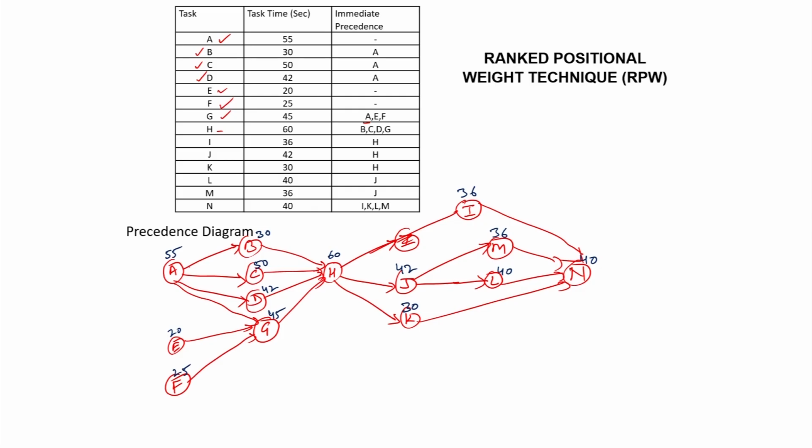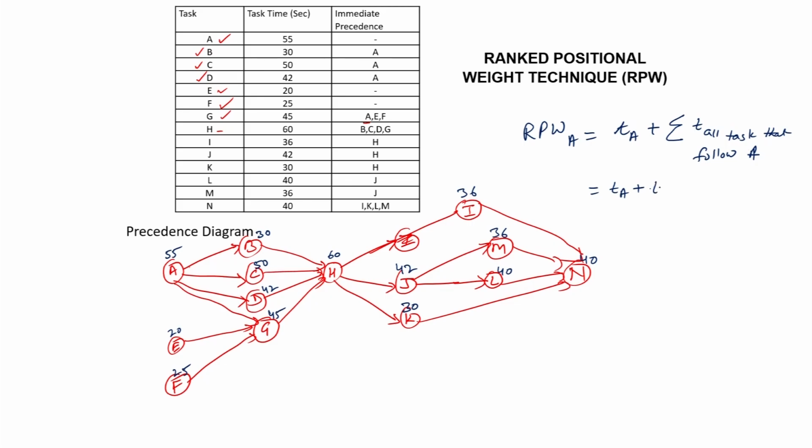The formula for ranked positional weight is: RPW of element A is equal to time of element A plus summation of the timings of all the tasks that follow A. So, I have to take T_A plus the tasks which are following A, except E and F. If you find here, except E and F, all other tasks are following. It is not only the immediate followers, but all the followers.